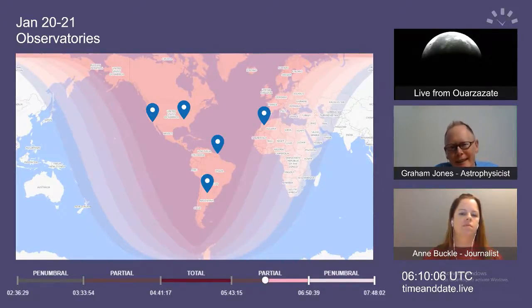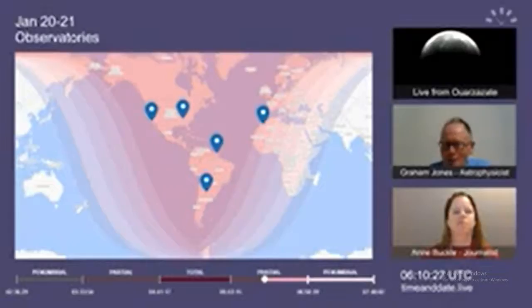If we look down the middle band of those group of bands, the band that goes through Turkey, there dawn came, and the moon set during the total stage of the eclipse. So that's the only difference with these different shadings on this map.